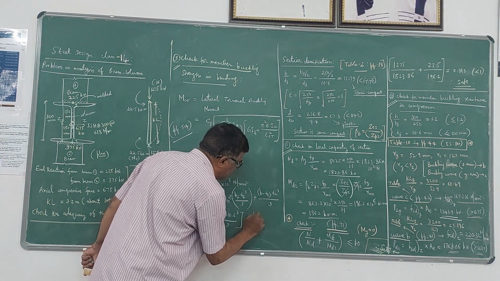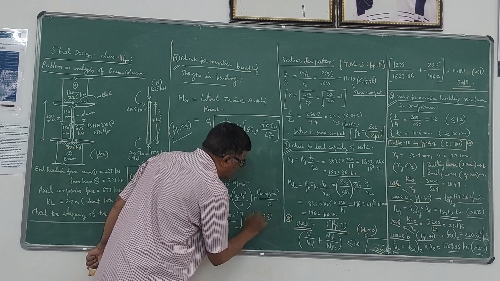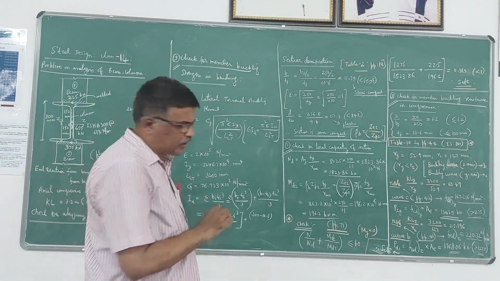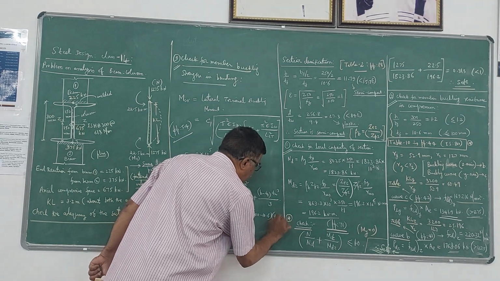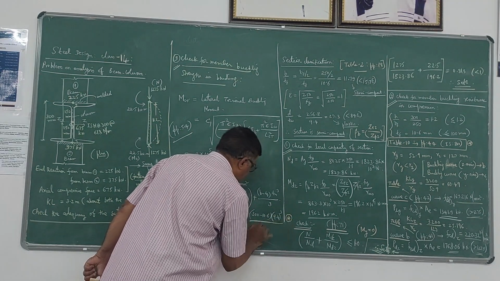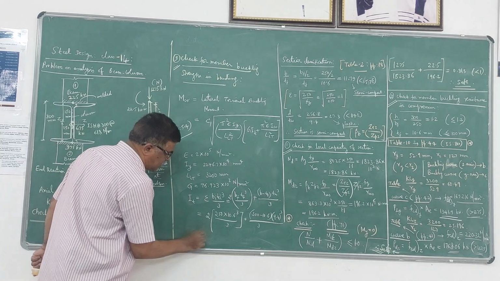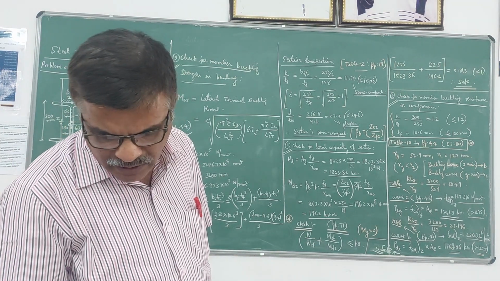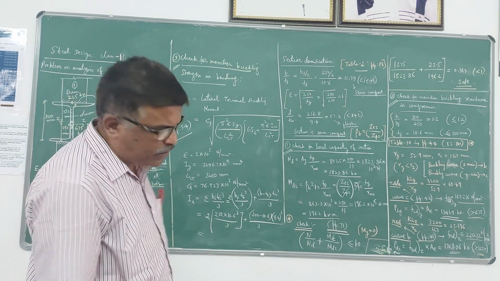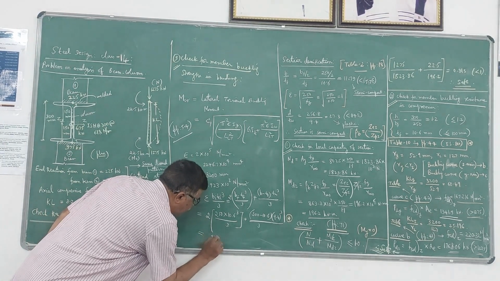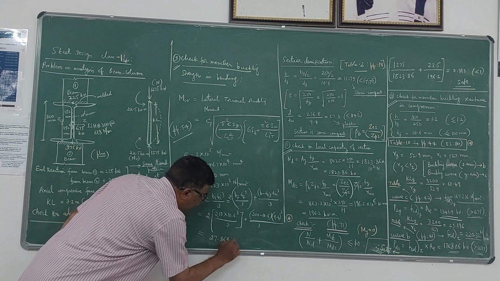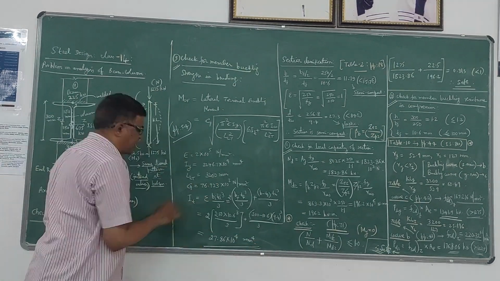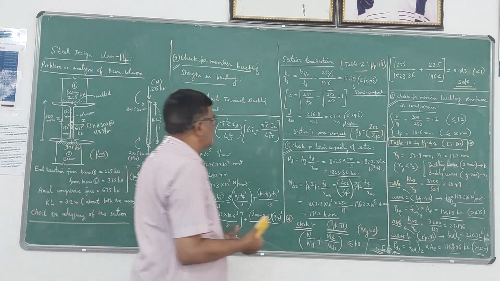So 300 minus 10.6 into the value of Tw is 9.4 cube. So 9.4 cube divided by 3. So 2 stands for there are 2 flanges. If you simplify this, you will be getting the value 27.86 into 10 power 4 millimeter power 4. So this is the torsion constant. It is called the torsion constant.